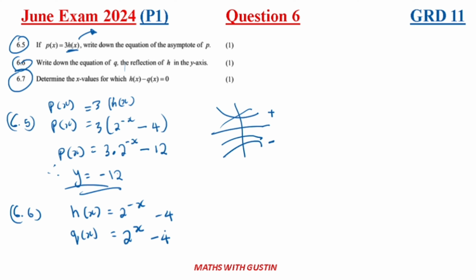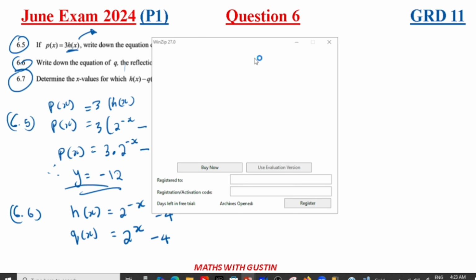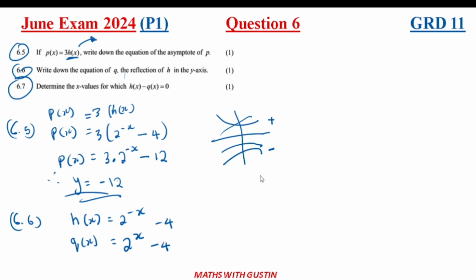So either you can just come here and use the two equations and minus them together, or you can just look at it and say, for me, I already know that it's equal to 0 here. However, if you are confused by that, what you can do, you can work it out like this.